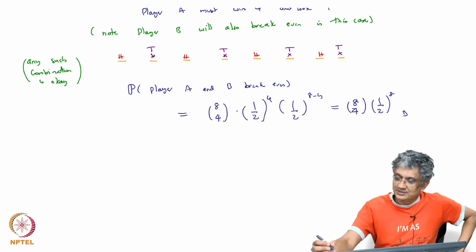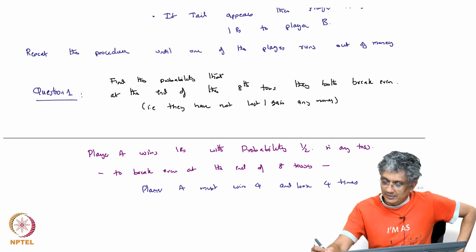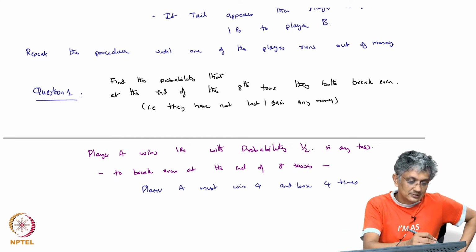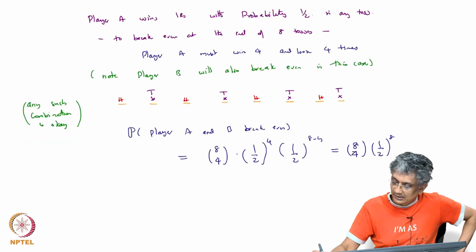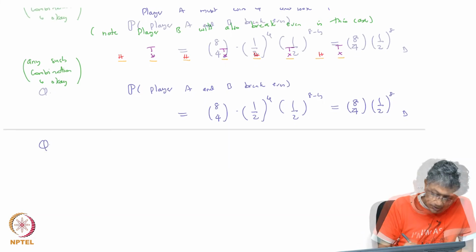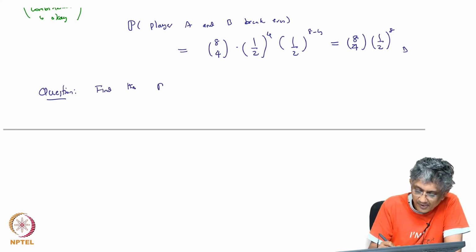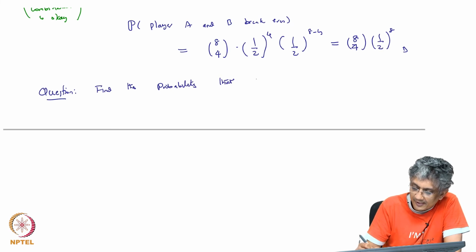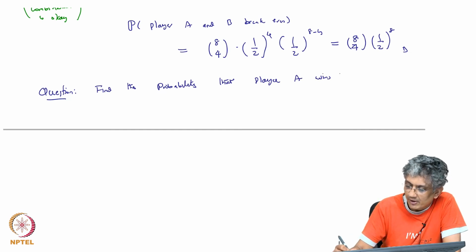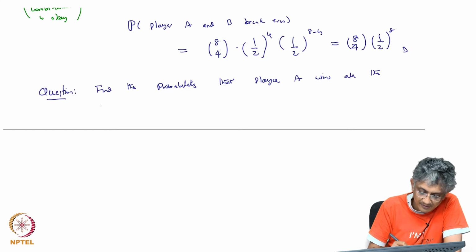Now I could ask a different question along the same idea. Question 2: find the probability that player A wins all the money in the 10th toss.